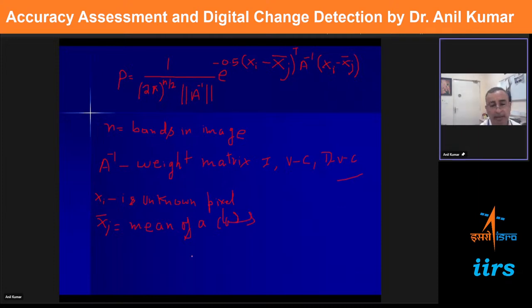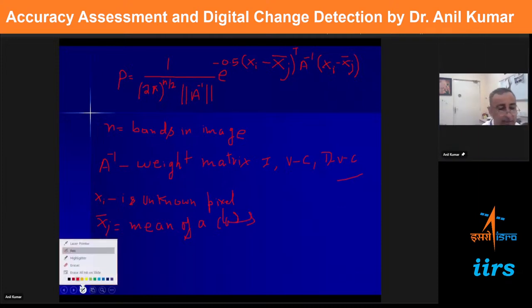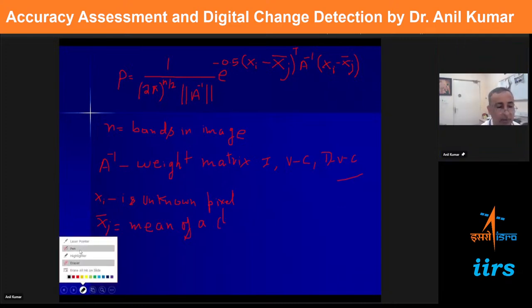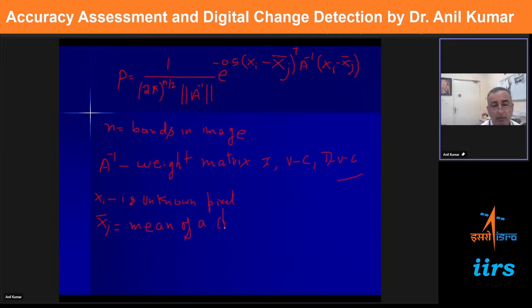I'm using a mouse, so my writing is not coming out well. Let me just write it a little better. Class. So the x bar j is the mean of a class. We are calculating the mean from the training data of each class. Xi is an unknown pixel vector coming from the image.